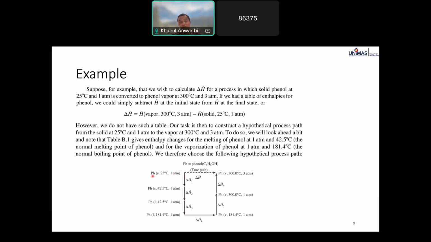That's why we call it state table. It's the most complete. But for specific chemical like phenol, there are no table. So since there are no table available, then we need to do the hypothetical path to calculate delta H. Phenol solid 25 degrees C 1 atm to phenol vapor 300 degrees C 3 atm.